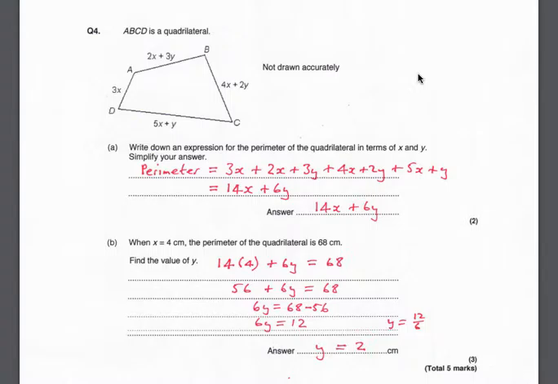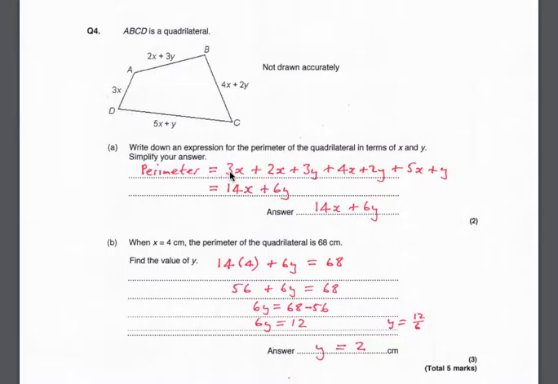Question 4. ABCD is a quadrilateral. Write down an expression for the perimeter of the quadrilateral in terms of x and y. Simplify your answer. Well, the perimeter is just the distance around the edge of the quadrilateral, so we just need to add these distances together. 3x plus 2x plus 3y plus 4x plus 2y plus 5x plus y.